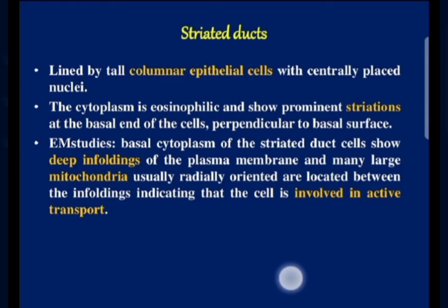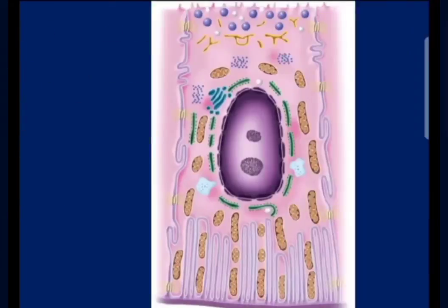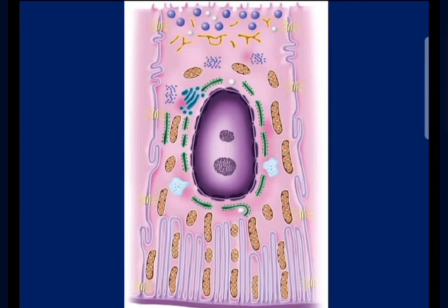Electron microscopic studies revealed that the basal cytoplasm of the striated duct cells shows deep infoldings of the plasma membrane, and many large mitochondria, usually radially oriented, are located between the infoldings, indicating that the cell is involved in active transport.